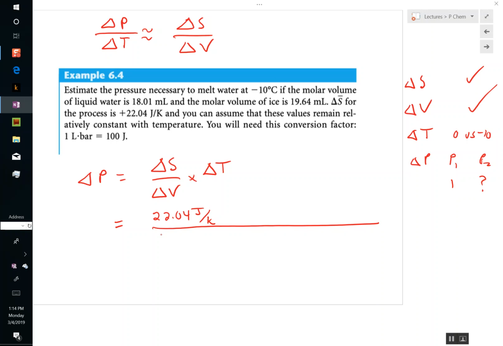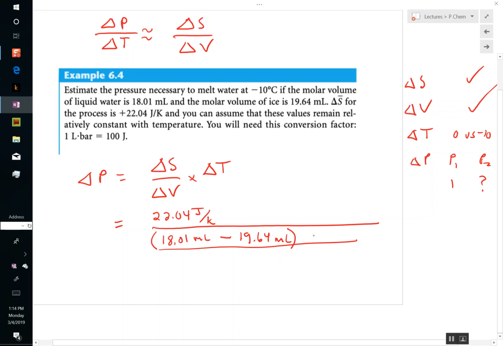It's going to turn into a liquid finally, so it's going to be final milliliters minus the initial. Initially it is solid, it's ice, and it has that volume, and we're going to have to convert those milliliters to liters, right?